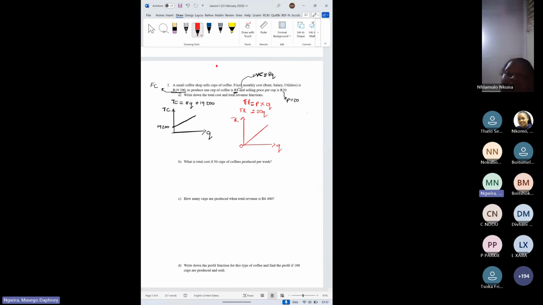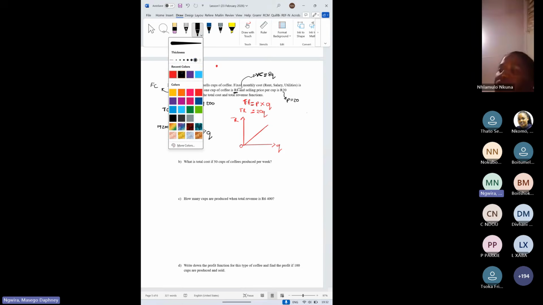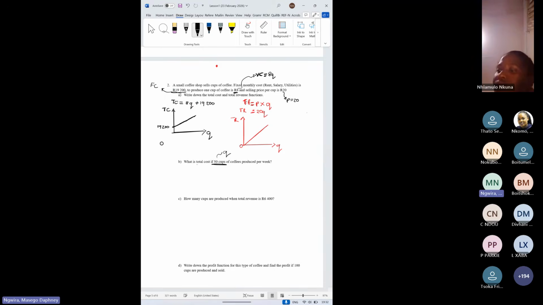B says, what is the total cost if 50 cups of coffees are produced per week? So now we are given 50 cups. I said to you that you must check, so it means that you have the Q. What are we looking for? We are looking for the total cost.